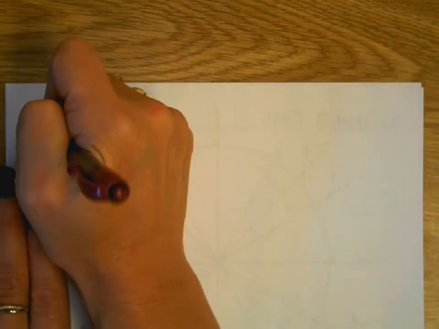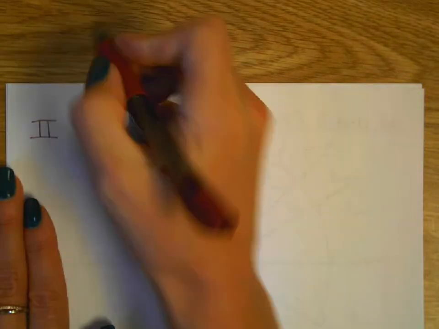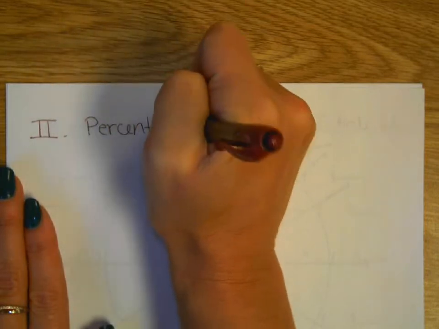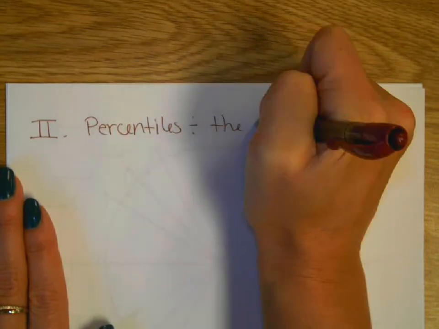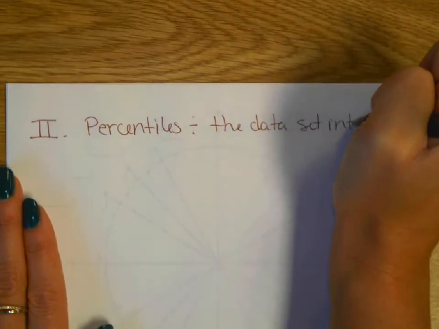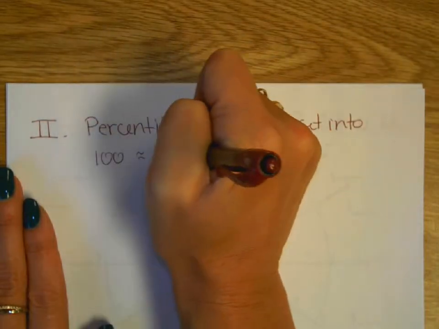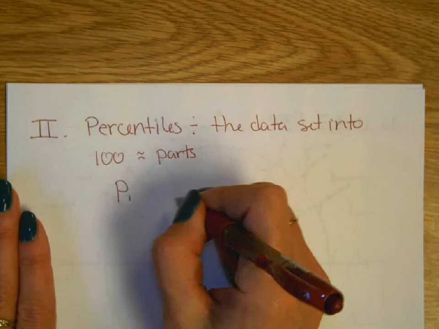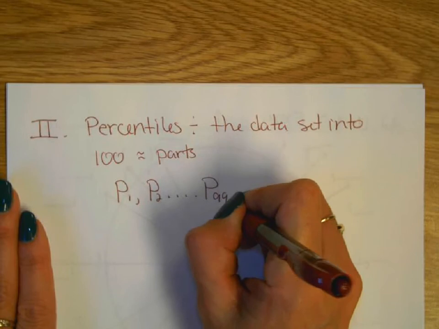So if we think percentiles, if quartiles divided a group up into 4 equal parts, percentiles divide the data set into 100 approximately equal parts. So we've got P1, first percentile, P2, all the way through the 99th percentile.